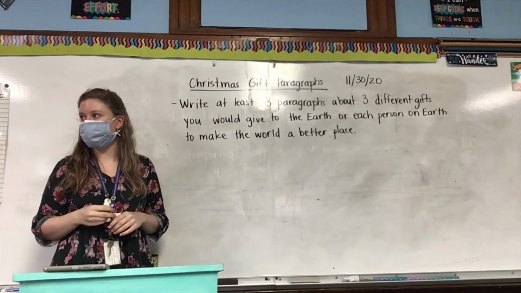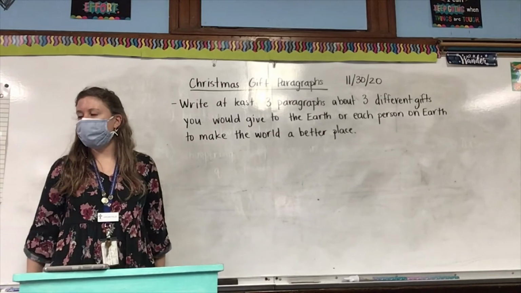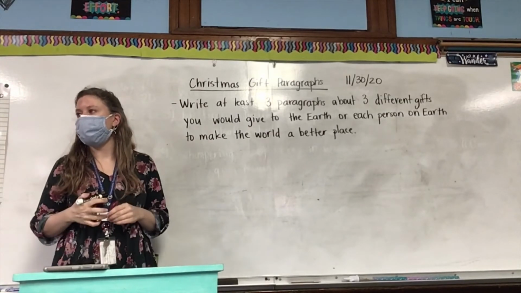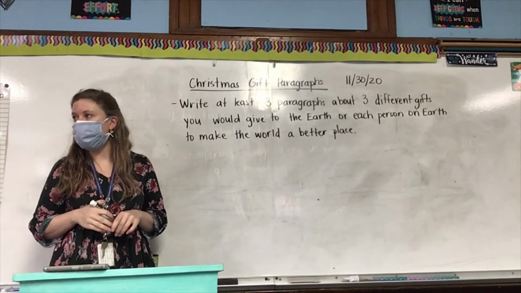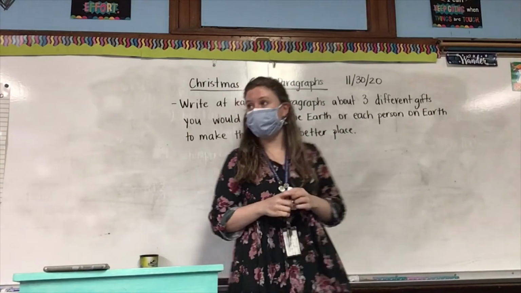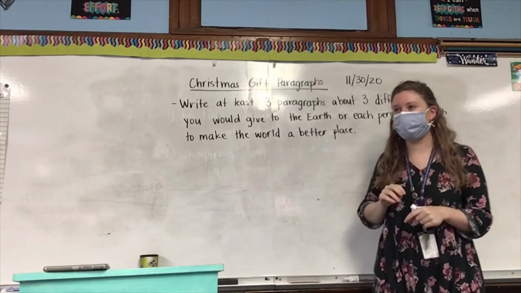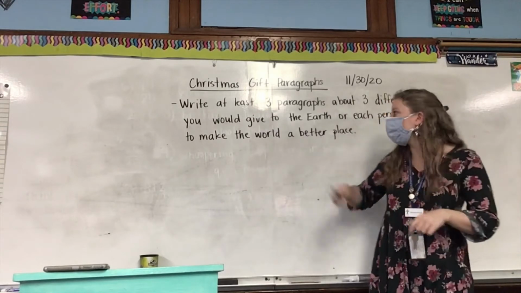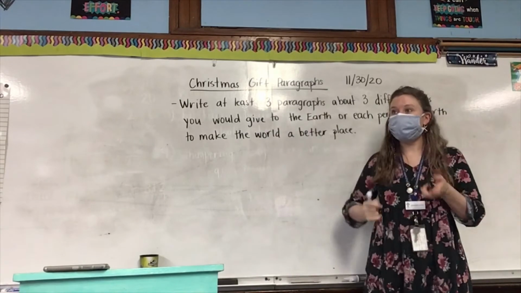Yes, Victoria. So, can we do, for 1 paragraph, we would give to the earth? Yeah, you can mix these up. You don't just have to pick 3 things you'd give to the earth or 3 things you'd give to each person on earth. You can mix it up. Like you can choose to do the first gift and you would give it to the earth, like to Mother Earth.